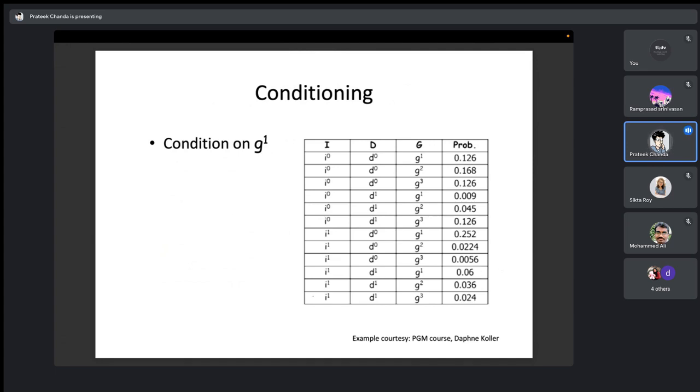G1 is on my first row here, and G1 again is on, I think, the fourth row, and so on. So you condition on G1, keep G1 fixed, and check the I and D rows. If I0 is very high, and D0, is there some pattern in that if you condition or fix G1?